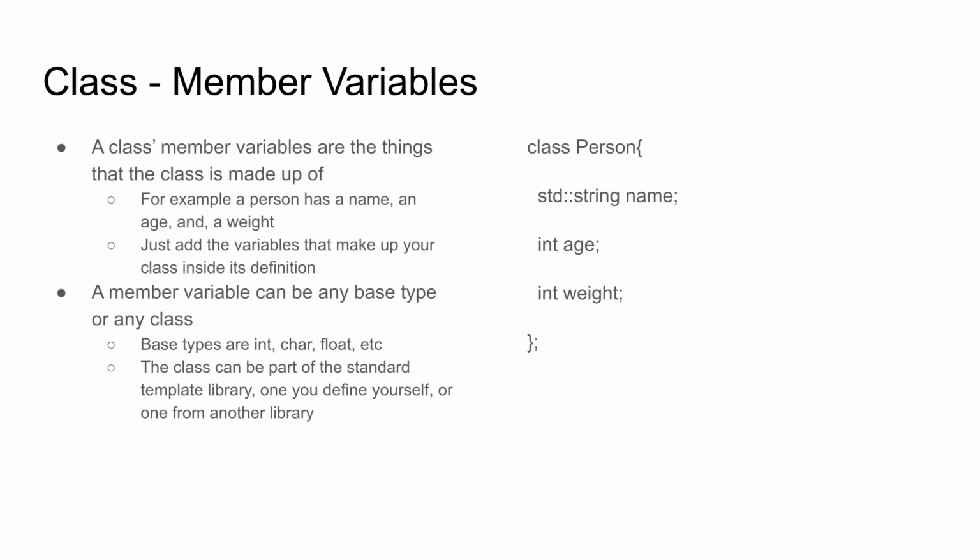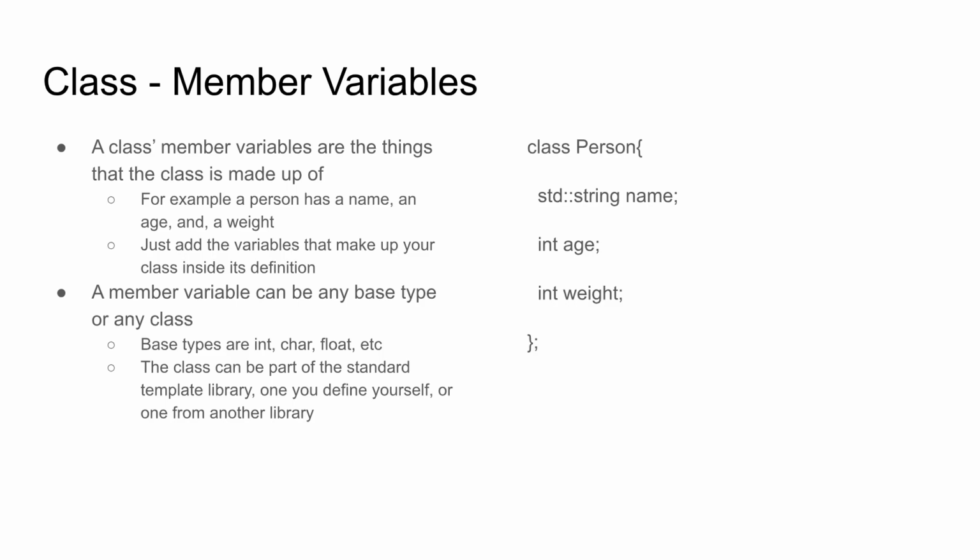So a class can have member variables. These are the things that make up the object. For example, if our person had a name, an age, and a weight, we would describe them as having a string for their name, an int for their age, an int for their weight, or again, maybe a double for their weight if you wanted to have half pounds or something. The types that you have over here can be any of the basic types like double, int, or float, but they can also be any other user-defined type that you create.